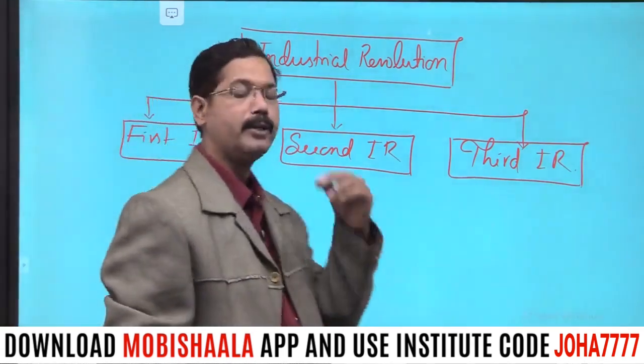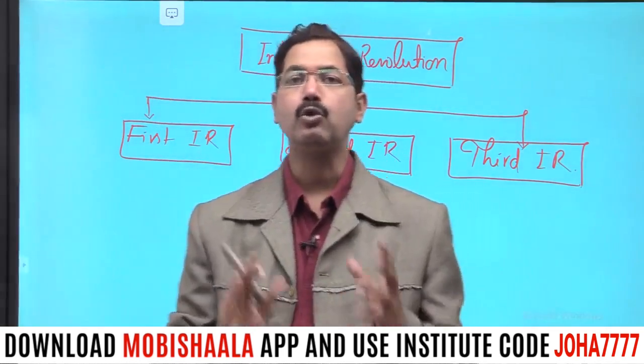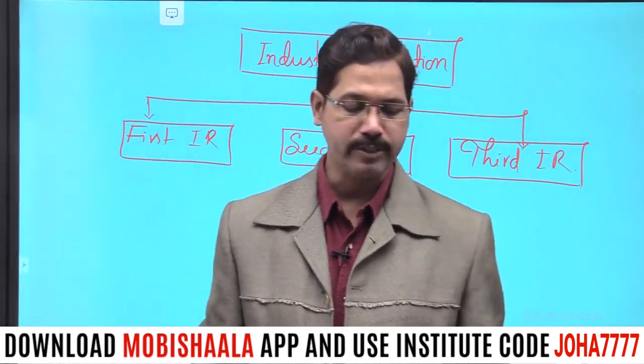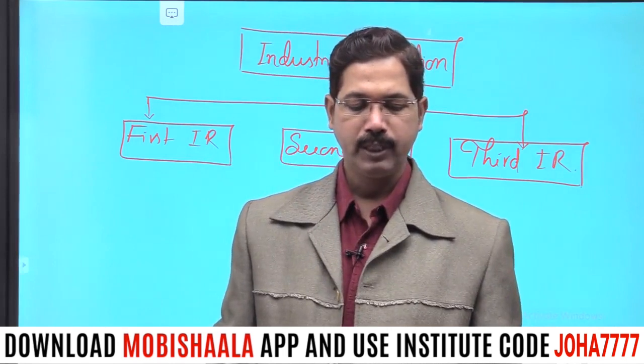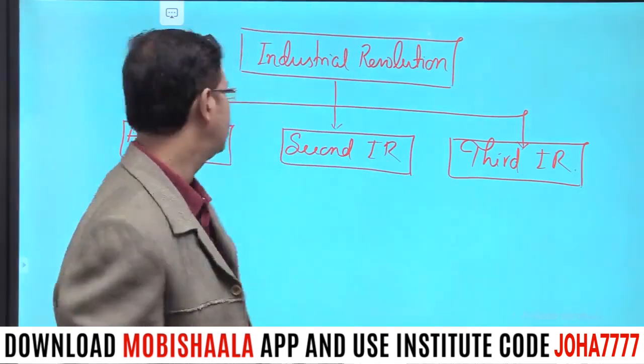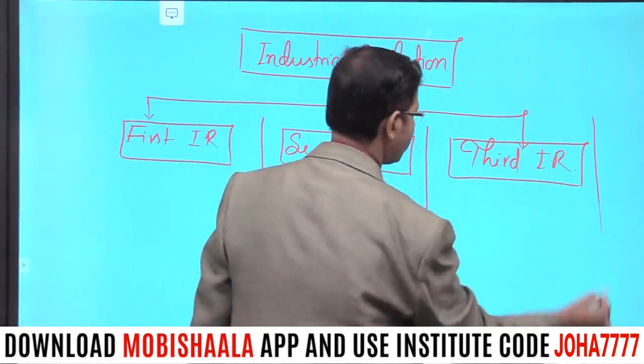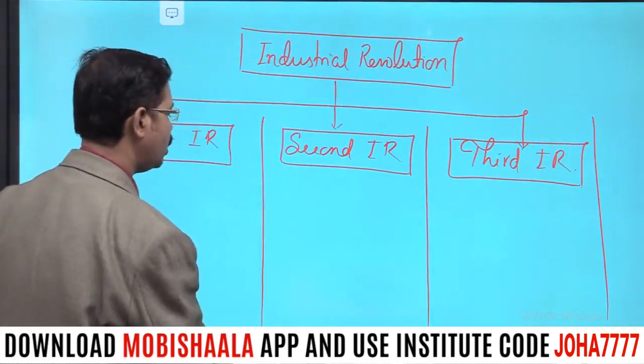So initially it was the use of water and steam engine that led to the discovery of the engine, you can say, and mechanized production. Machine based production was first of all there.